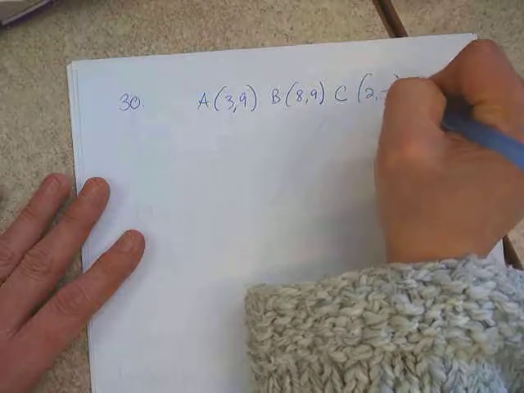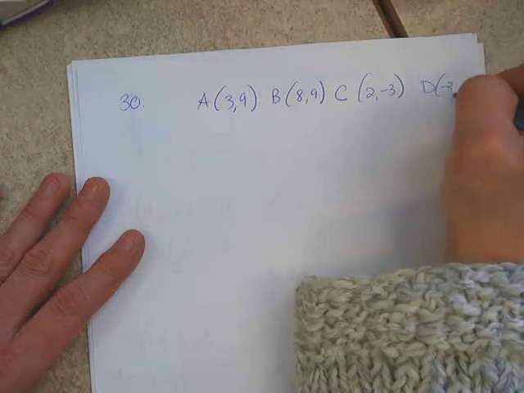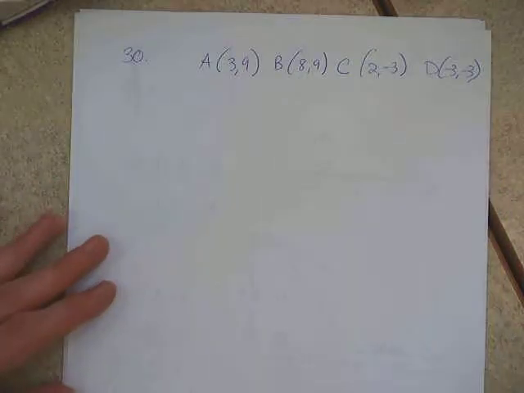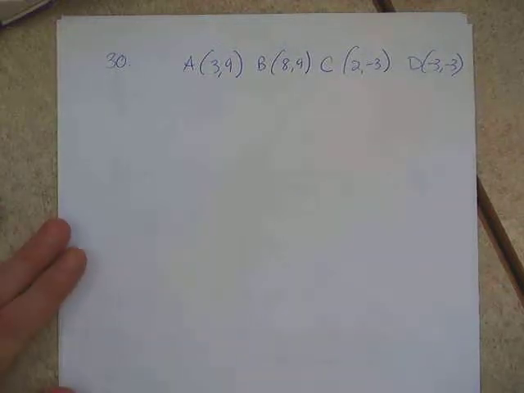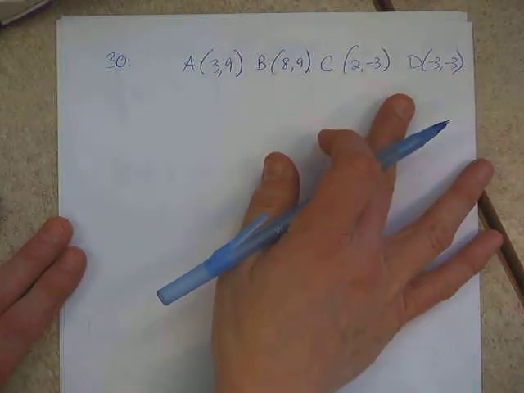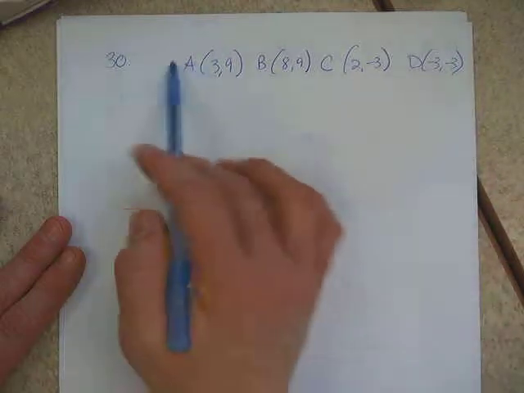So 30 and 32, you have coordinates. Okay. The good news is you might be looking at this and thinking, oh no, we have to use the distance formula. You don't have to use the distance formula. As long as you can get a base and a height measurement from your plotting of the points, you're fine.